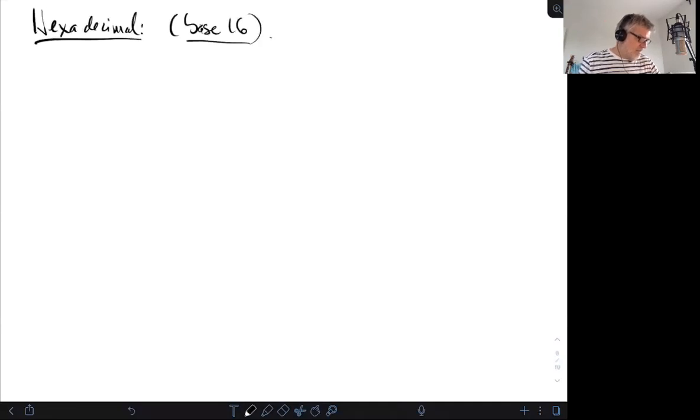So this is base 16. Notice 16 is 2 to the power 4, right? So again, this should work well with binary. So it's the same principle as octal, okay? It's even more compact than octal, right? So your digits have more information in each one of them, right?